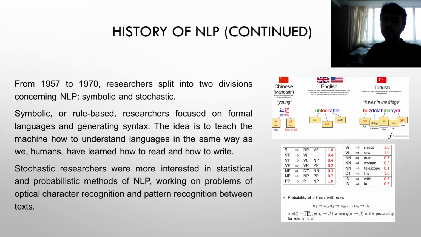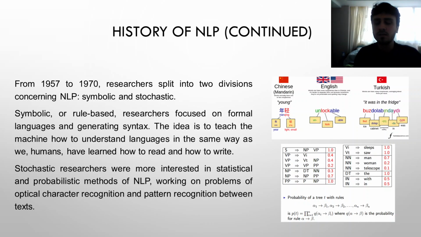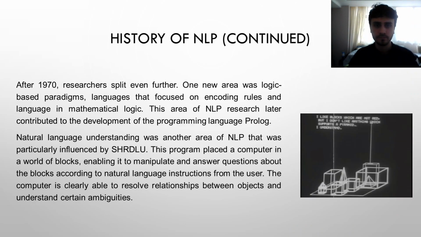And stochastic researchers were more interested in statistical and probabilistic methods of NLP, working on problems of optical character recognition and pattern recognition between texts. And you can see the probabilistic way that it guesses, like if it's a noun, then for example it's an I, it's probably going to be am, etc.